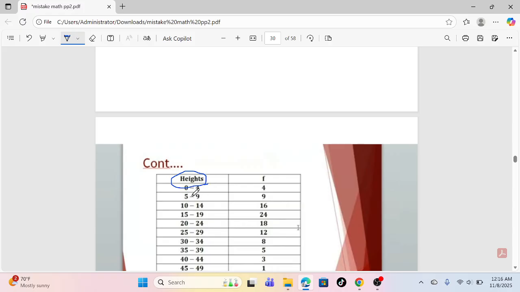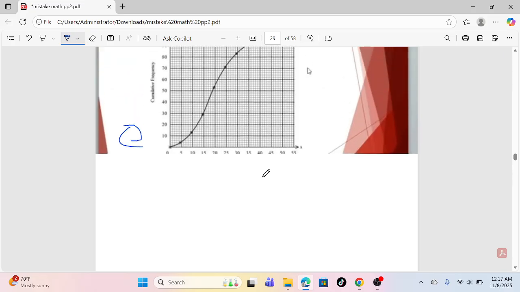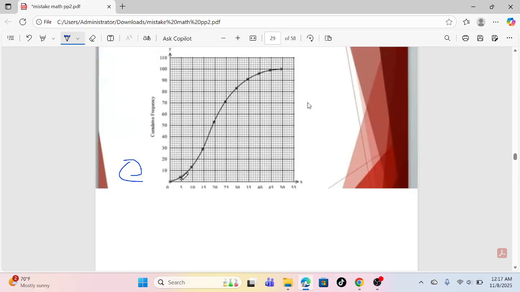Because hapa ningefaa nichore 0 minus 0.5. So nitapata ngapi? Negative 0.5 hapa. Hapa napata ngapi? Hii lower limit hii ni ngapi? 4.5. Hii ni 9.5. Hii ni 14.5. 19.5. So ningefanya nichore kwa graph yangu sasa. Nianze 0.5. Unaona? Ningefanya nianze na 0.5 graph yangu. So that's ile ogive nafaa uchore.